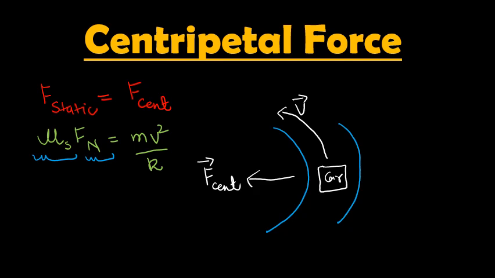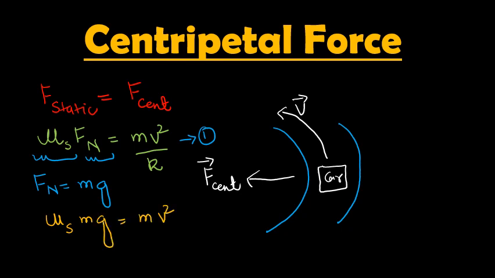The normal force is usually equal to mass times gravitational acceleration. So equation number 1 will become mu s times mass times g is equal to m v squared divided by r, the radius of the circular path.